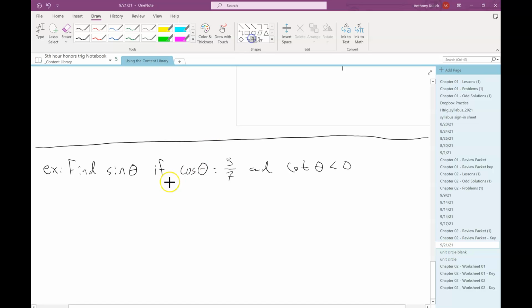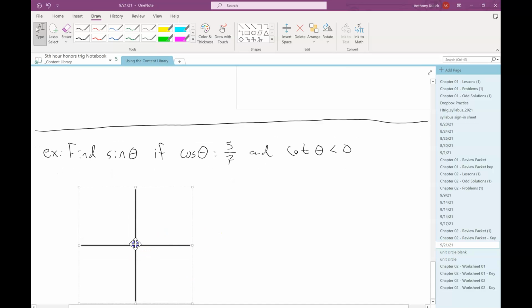So not necessary to draw a picture for this, but this is all of our first time doing this kind of a thing. So let's draw a picture and make sure conceptually we're understanding what's going on.